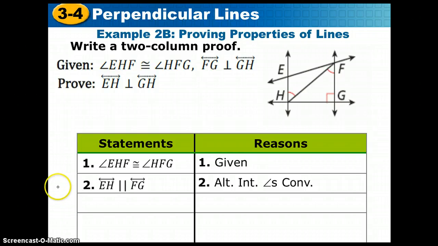If those are parallel, and we also have this other given information that we need to state, we have these lines perpendicular. Sorry, that should be the perpendicular symbol. That's what was given to you.